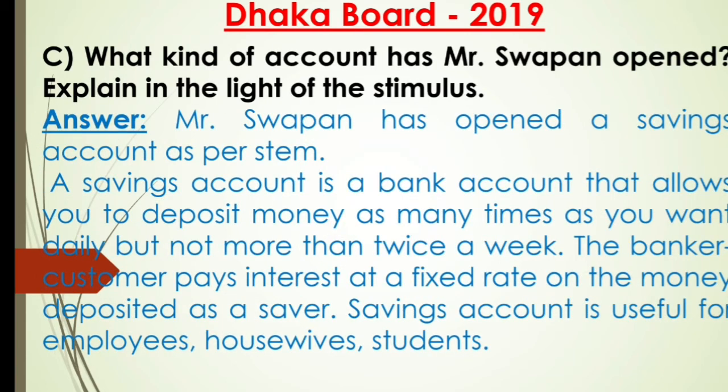Number C, what kind of account has Mr. Shopon opened? Explain in the light of the stimulus. Here the answer. Mr. Shopon has opened a savings account as per STEM. A savings account is a bank account that allows you to deposit money as many times as you want daily, but not more than twice a week.